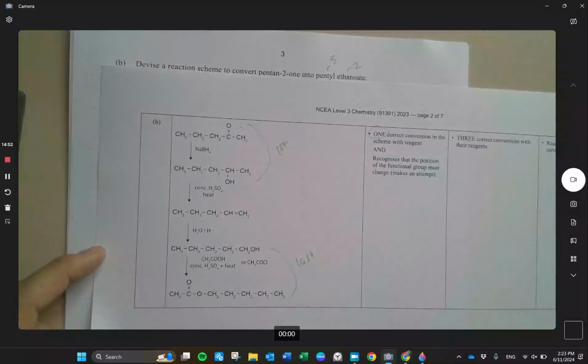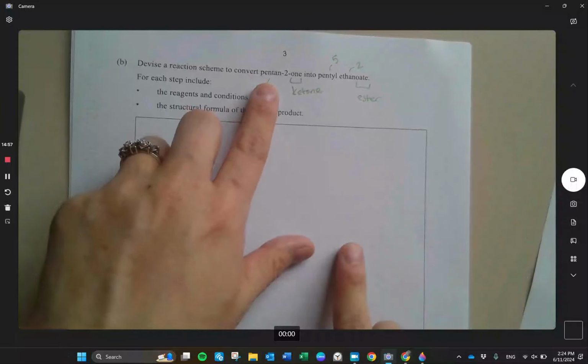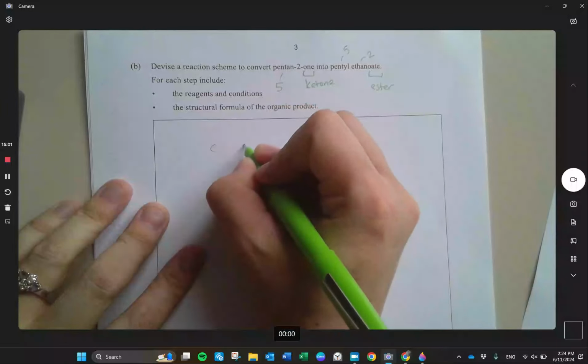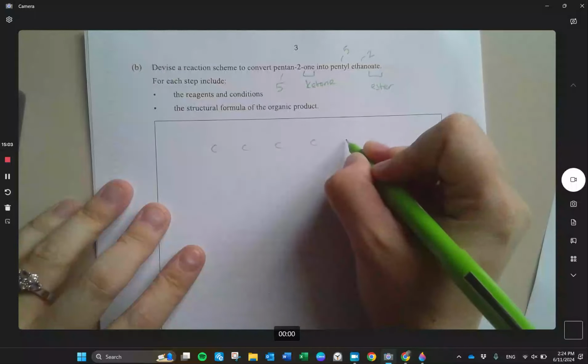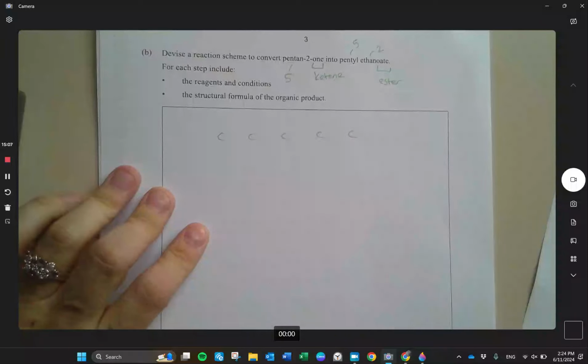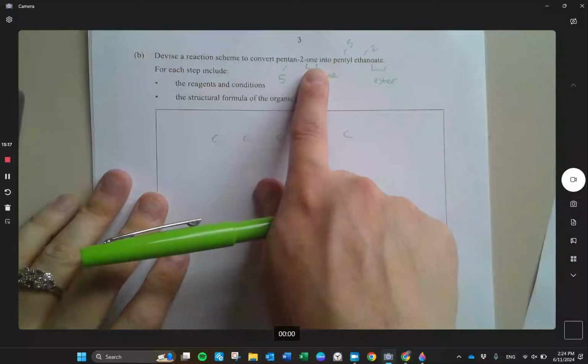Okay, so let's draw out the pent-2-one. So pent-2-one would be 1, 2, 3, 4, 5 carbons. The one tells me carbonyl, and the 2 tells me it's on carbon number 2.